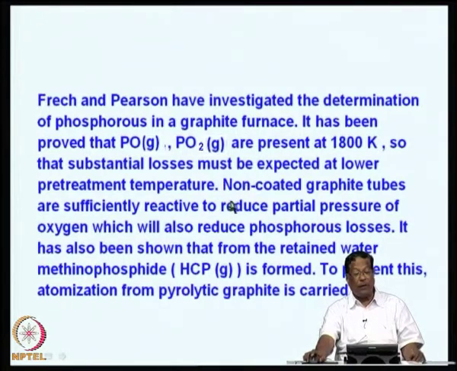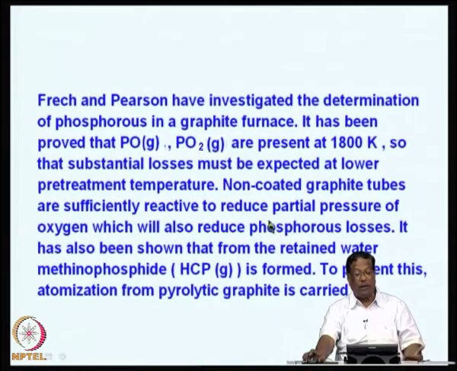Non-coated graphite tubes are sufficiently reactive. We have all along been saying that we should use pyrolytically coated tubes, but with respect to phosphorus, non-coated graphite tubes are very reactive, and they reduce the partial pressure of oxygen, which in turn reduces the phosphorus losses.